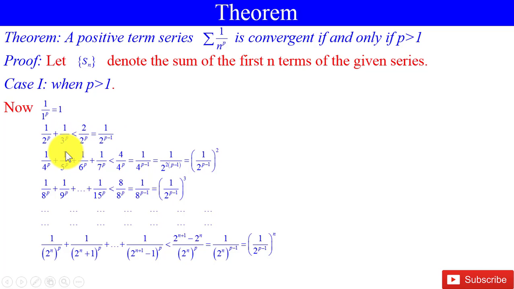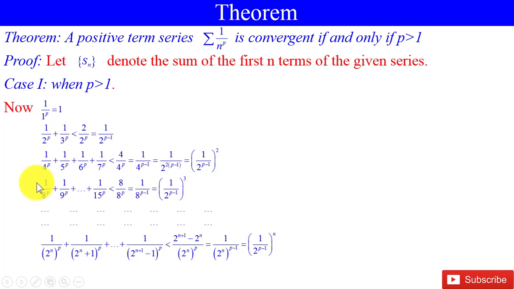Because since p is greater than 1, 1 by 3 raised to the power p is less than 1 by 2 raised to the power p. Therefore, 1 by 2 raised to the power p plus 1 by 2 raised to the power p is equal to 2 by 2 raised to the power p, which is equal to 1 by 2 raised to the power p minus 1.